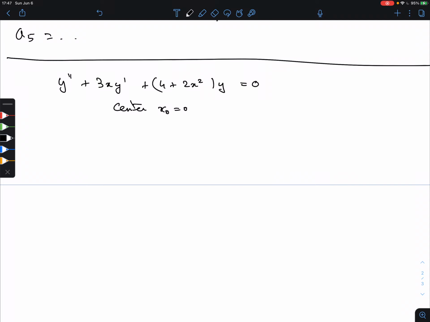That makes it so we don't have to deal with these weird powers that get so confusing. So we're looking for a solution of the form a n x to the n, right? And our initial conditions are y0, which is a0, is 2, and y prime 0 is negative 3. Yeah, negative 3. Okay? And so we know that this is going to be a0 and this is going to be a1.